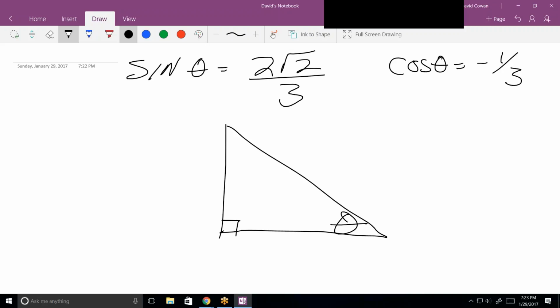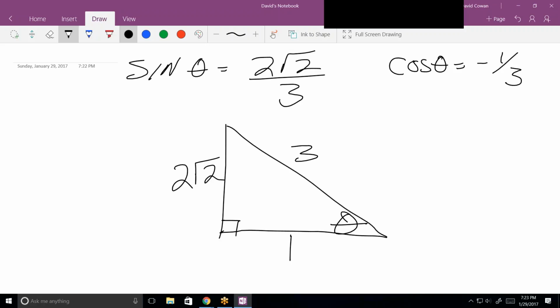So how do I label the triangle now? So the side opposite of theta is 2 root 2. The hypotenuse is 3. And the side adjacent to theta is 1. Well, negative 1, which... Well, no, it's 1.